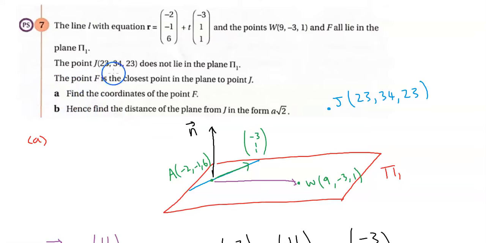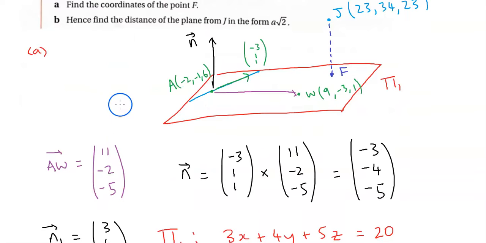And we're told that the point F, which is inside the plane pi 1, is the closest point in the plane to the point J. Which means that the line from J to the point F must be parallel to any normal vector. In other words, if n is a normal vector, then JF is equal to k times n for some real number k.